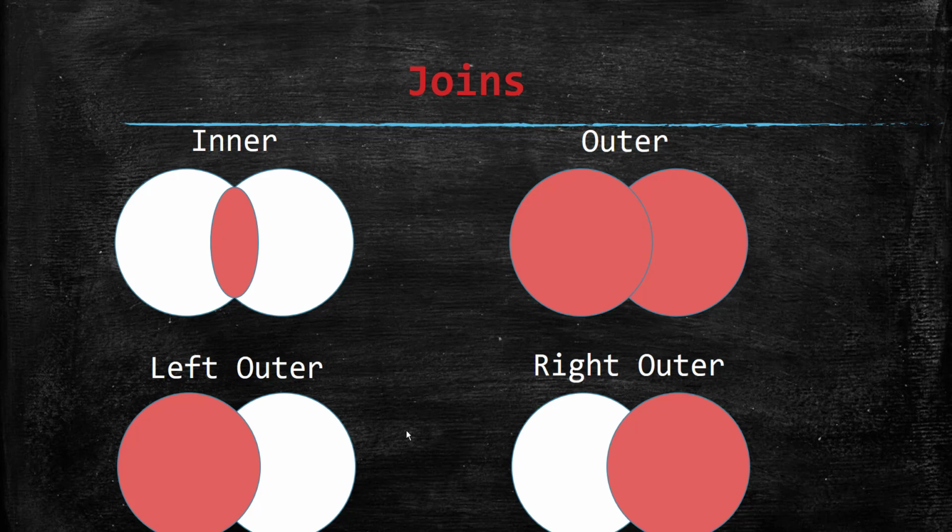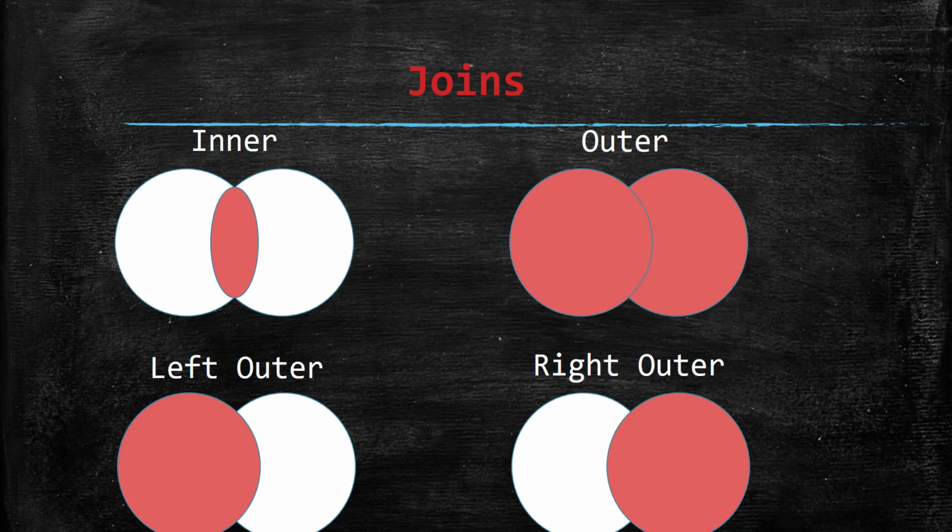It will bring all the records from the right table and common records from the left table, and it will ignore those which are not common. So basically left outer and right outer are the same, but left outer will consider the left table on priority, and right outer join considers the right table on priority.